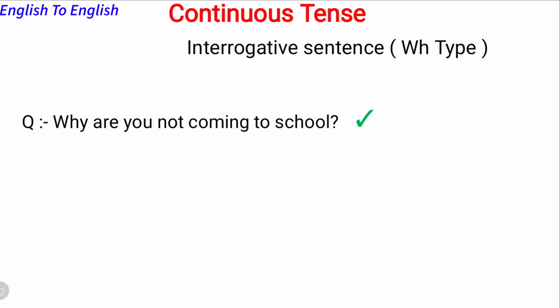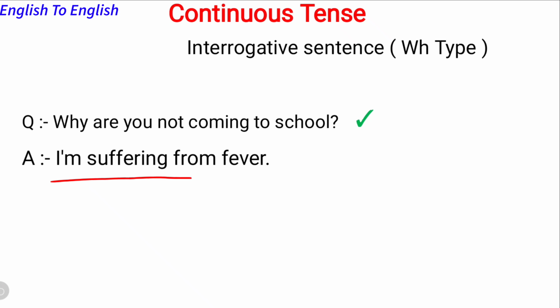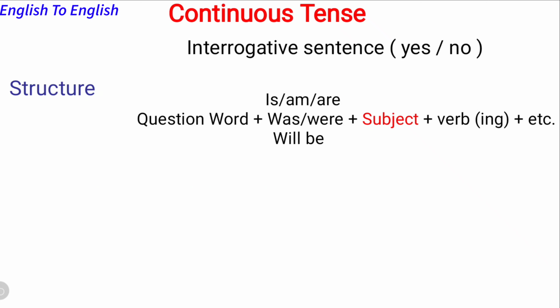So this one is correct and you have to follow this one for asking questions. For the answer we can say, I'm suffering from fever. Here you can't say no or any single-word answer. You have to explain the reason. Why are you not coming to school? I'm suffering from fever.